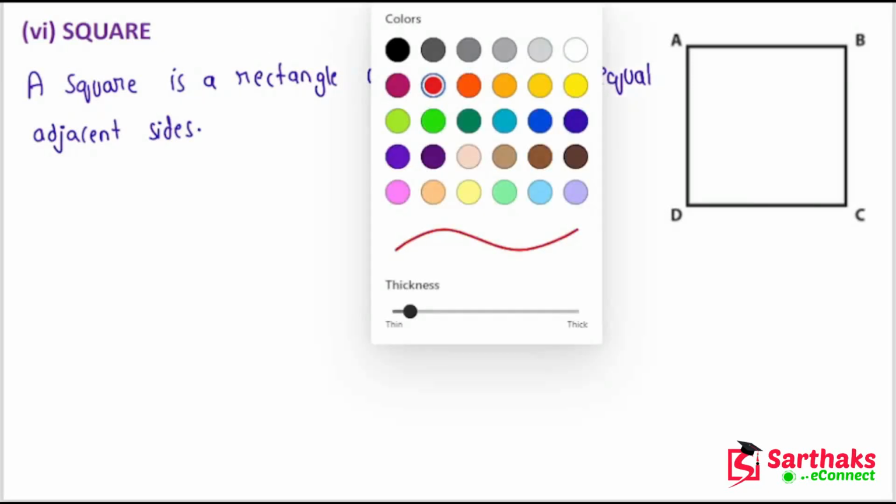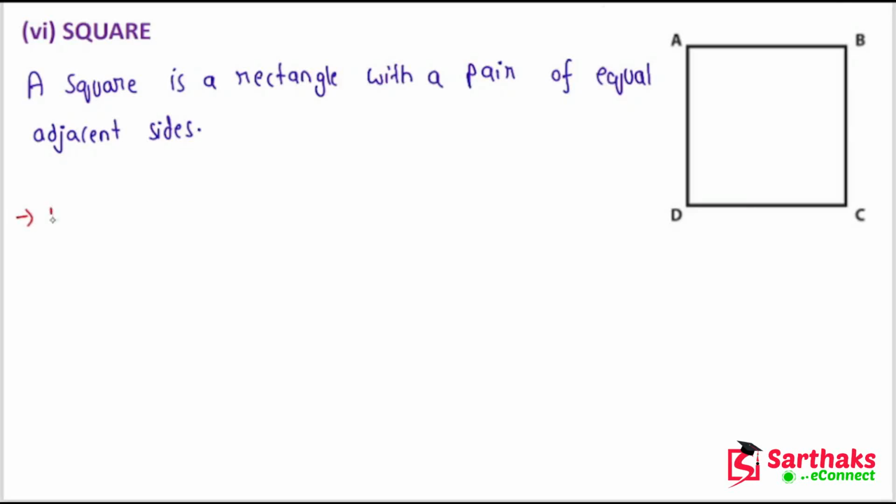Okay. So what we can tell is, if ABCD is a square, that is, if this figure is a square, then what should happen? Then, since a square is a rectangle and a rectangle is a parallelogram, AB must be parallel to DC.